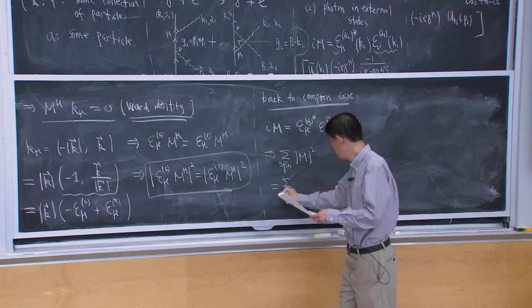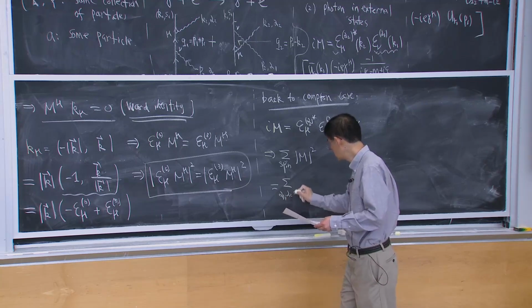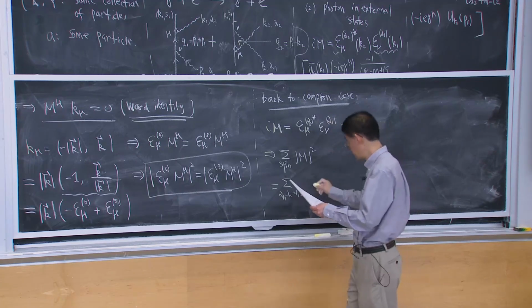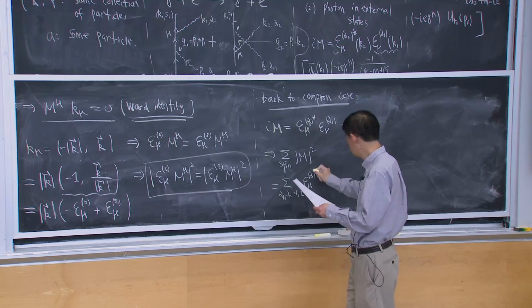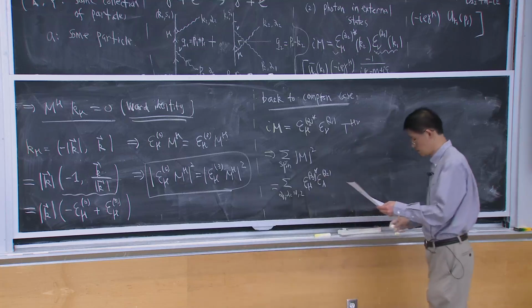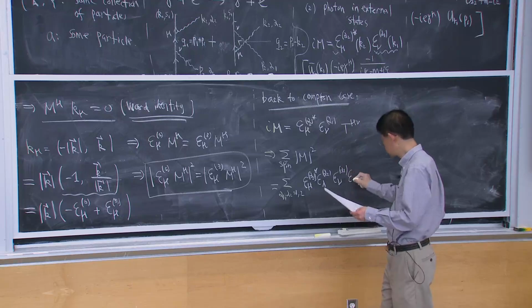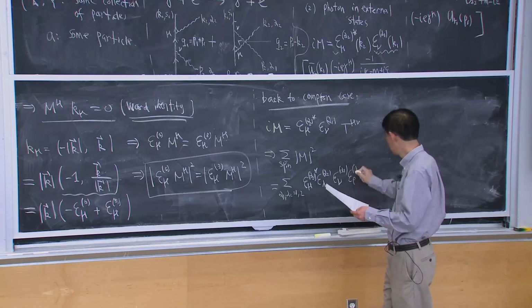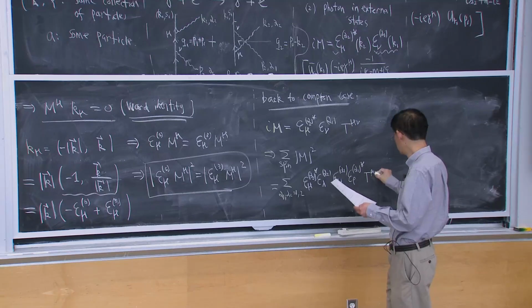I will get alpha 1, alpha 2 equal to 1 and 2, then I have epsilon mu alpha 2 star, epsilon lambda alpha 2, and then epsilon nu alpha 1, epsilon rho alpha 1 star, and then I have t mu nu, t lambda rho star.